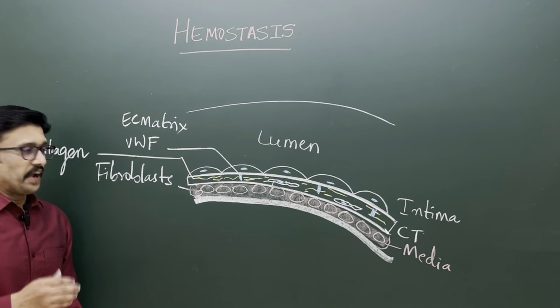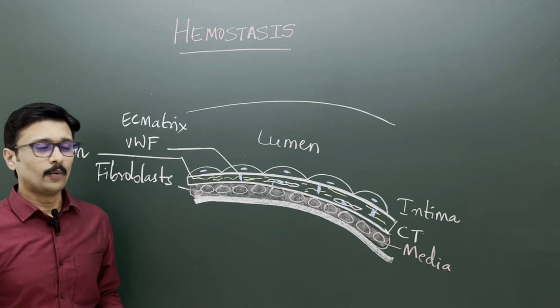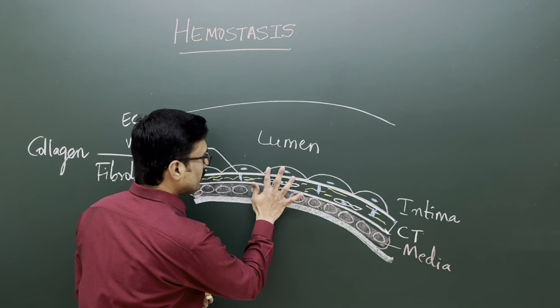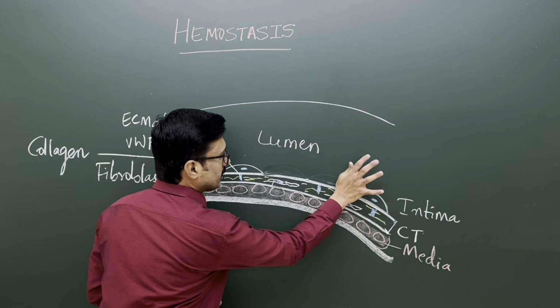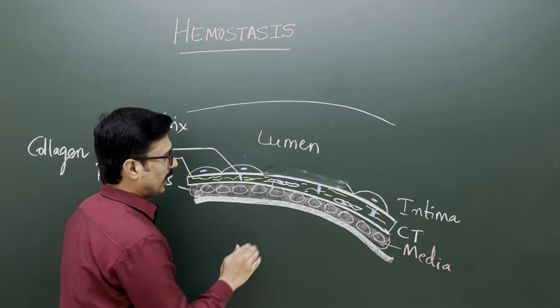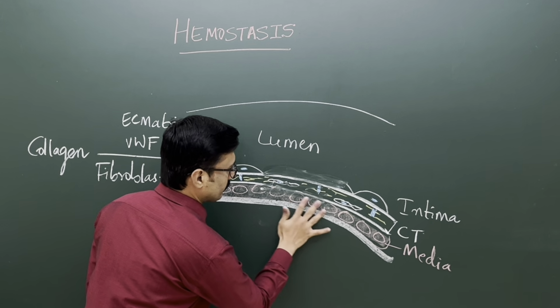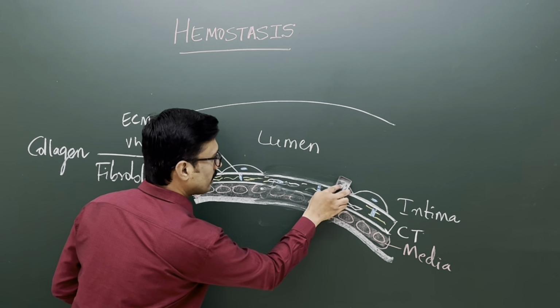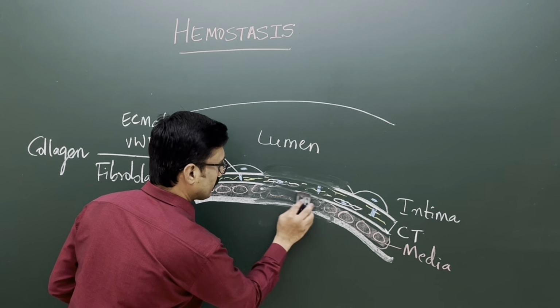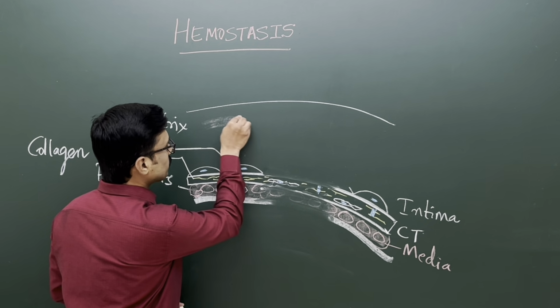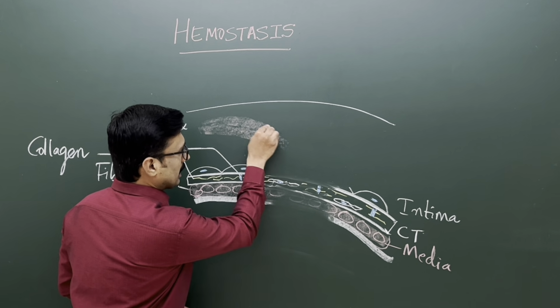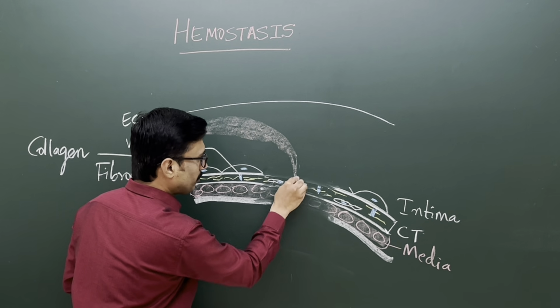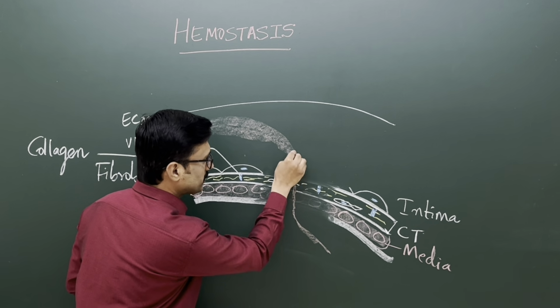So when there is any injury to this vessel wall, what happens? This endothelium is stripped off, and there is damage to this portion. The blood which is flowing can escape out of the vessel through this damaged site.